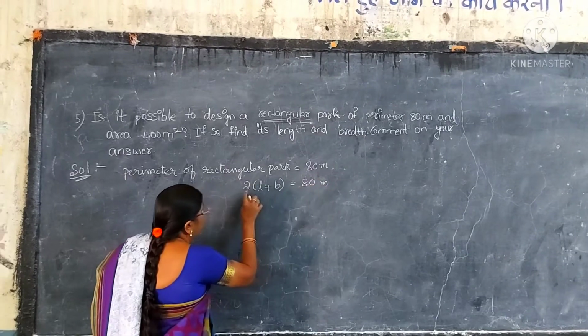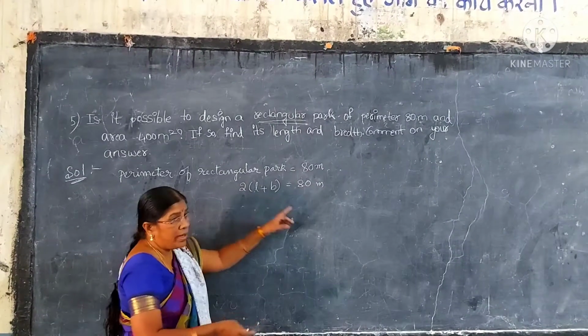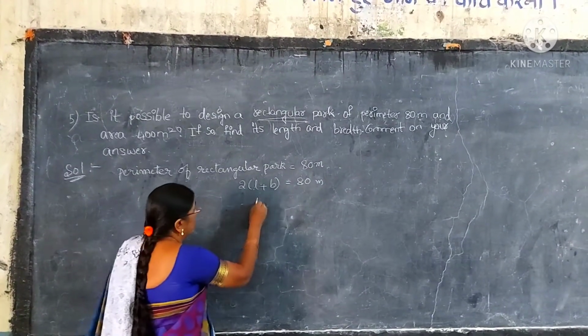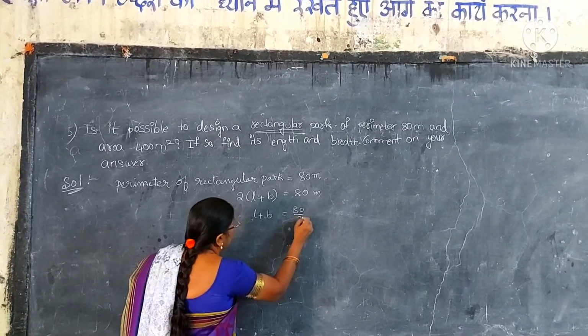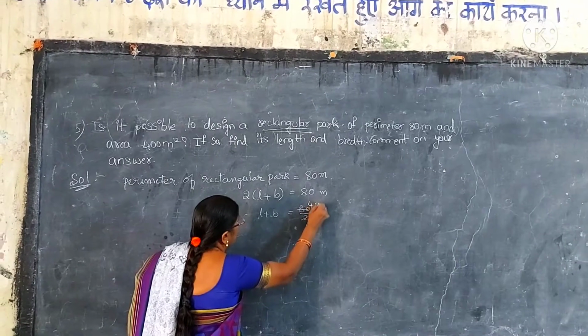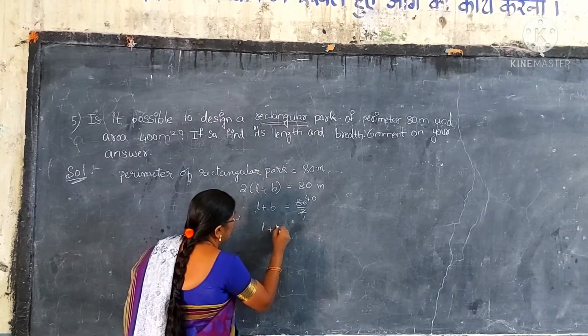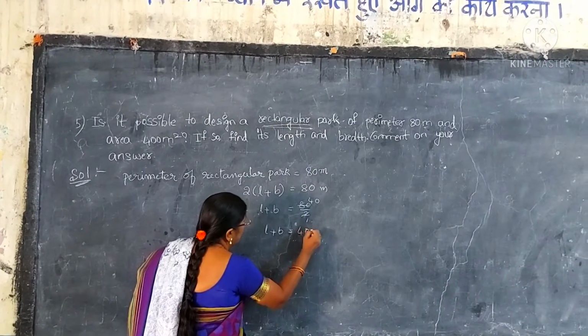Okay. So, can I transpose this to RHS? Yes. So, L plus B is equal to 80 by 2, that is 40. So, L plus B is equal to 40 meters.